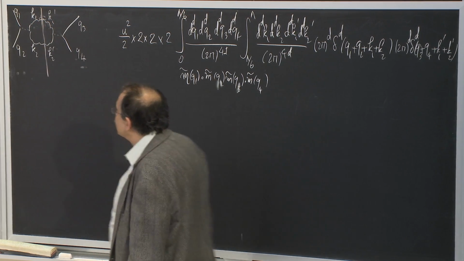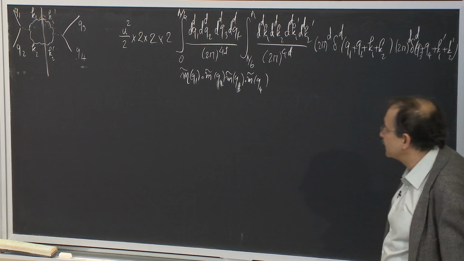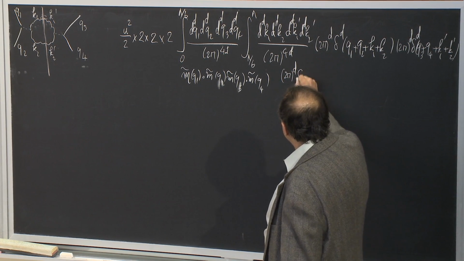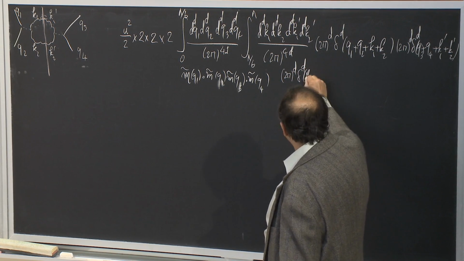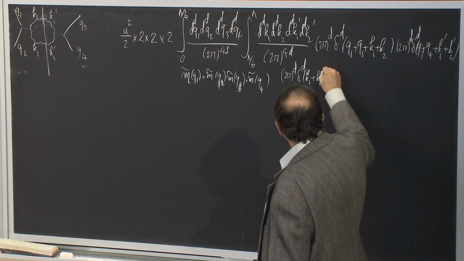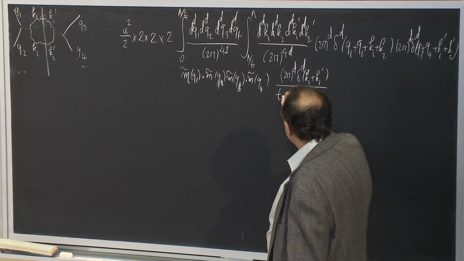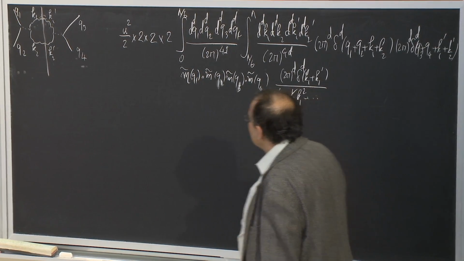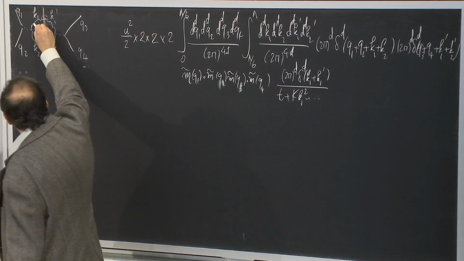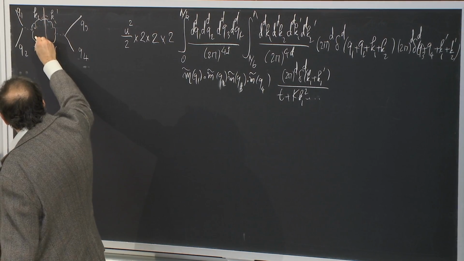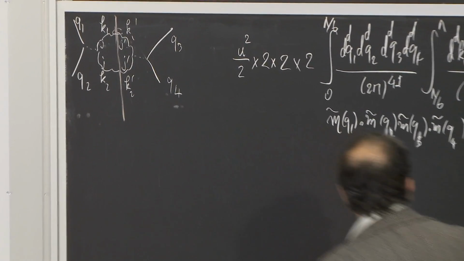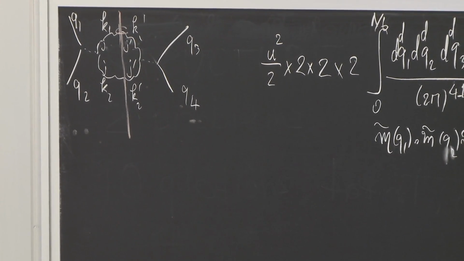Here, I joined the two sigmas together. The expectation value gives me 2 pi to the d, a delta function k1 plus k1 prime, divided by t plus k, k1 squared, and so forth. And the delta function, if I call these indices j, j prime, I will have a delta j, j prime.